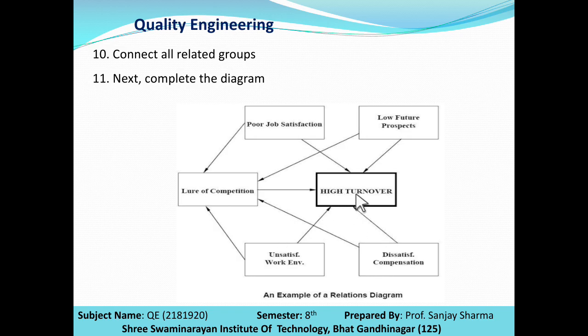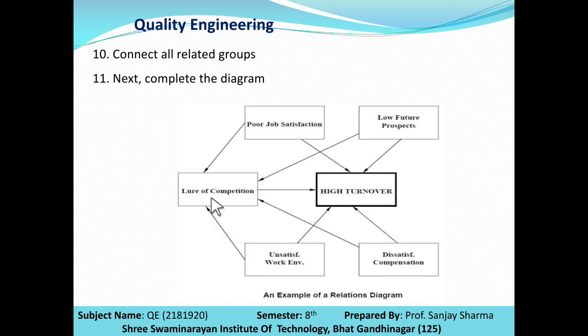Here you can see high turnover. For high turnover, what are the possible causes and relationships? Poor job satisfaction, low future prospect, lure of competition, unsatisfactory work environment, dissatisfaction with compensation. When there is a low future prospect, it will affect high turnover and it will affect the lure of compensation.